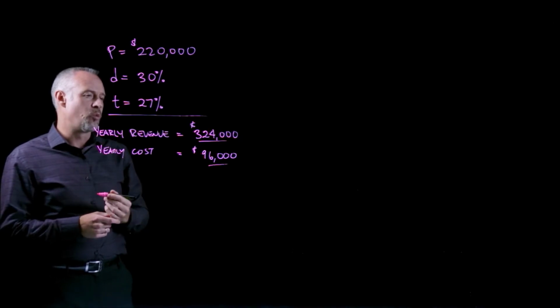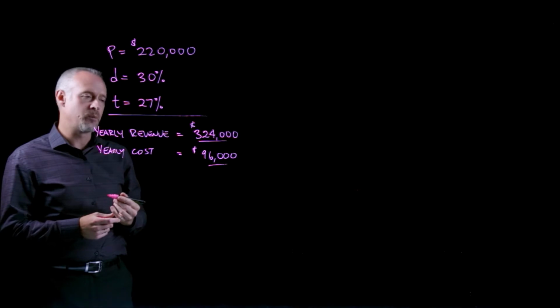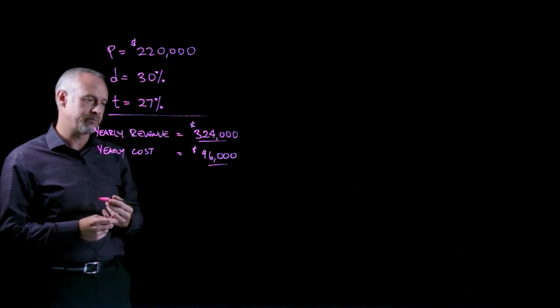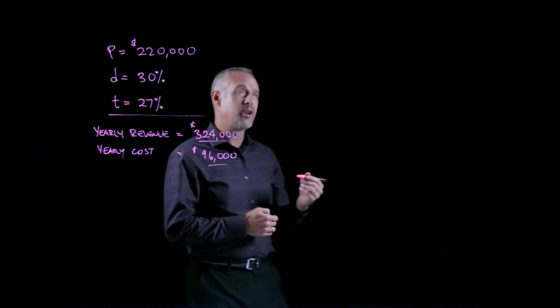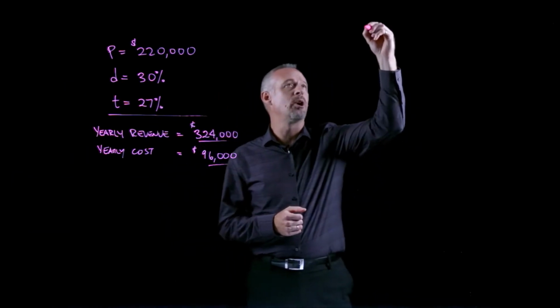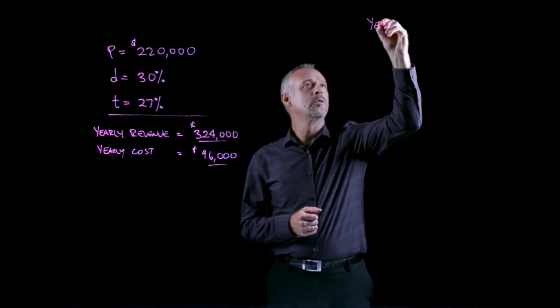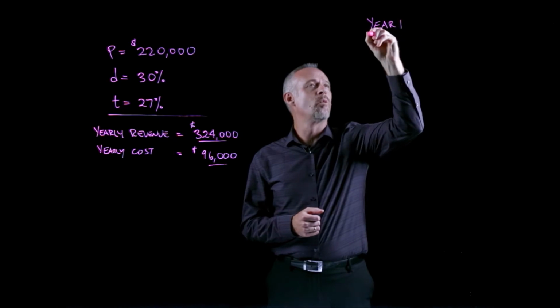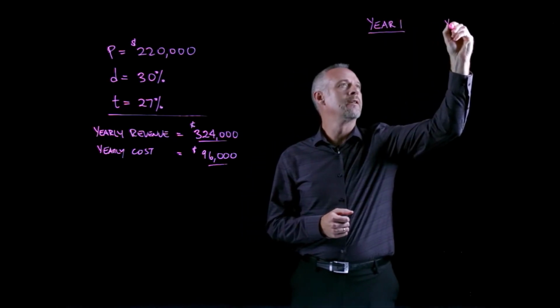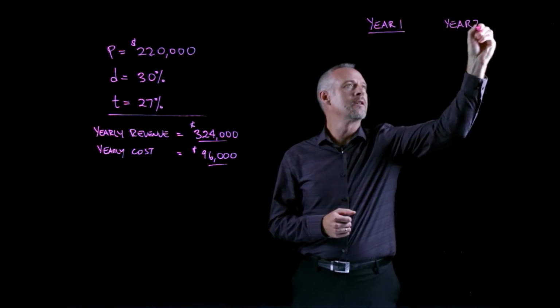Let's explore what happens to this company's income statement in year 1 and year 2 of the ownership of this asset. So I'll come over here and I'll make 2 columns, year 1 and year 2.